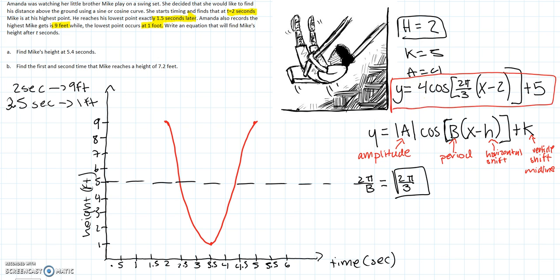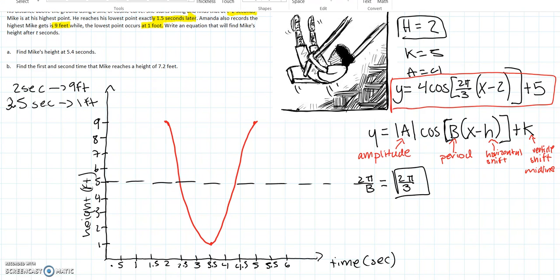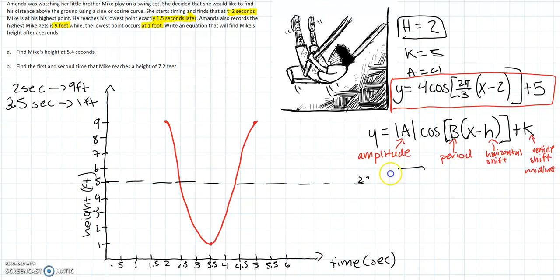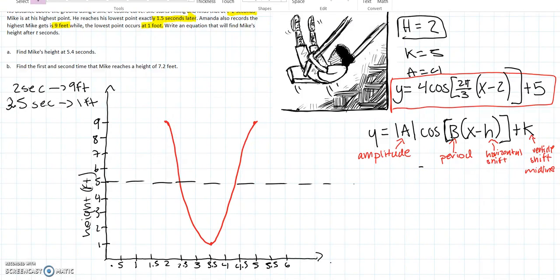Now we have to answer our second question, which is find Mike's height at 5.4 seconds. In order to figure out the height of Mike on the swing set at 5.4 seconds, we just replace the x with 5.4 seconds, since x is the time in seconds. First I'm going to erase the period and the time in seconds and rewrite it to have more space.